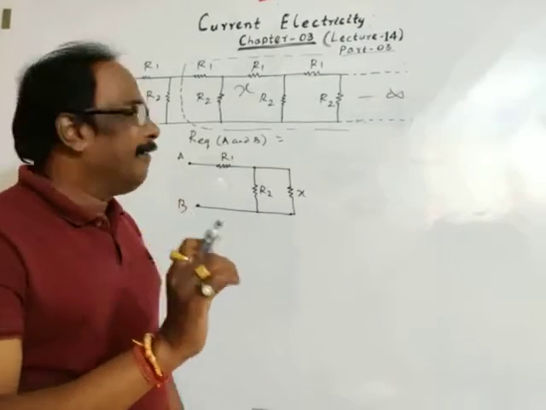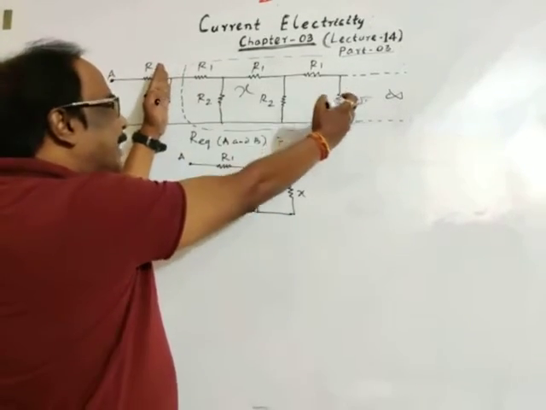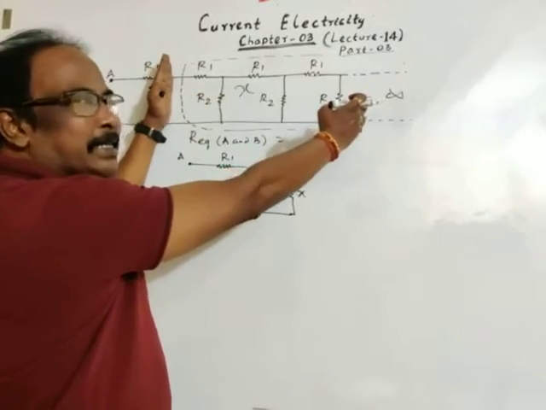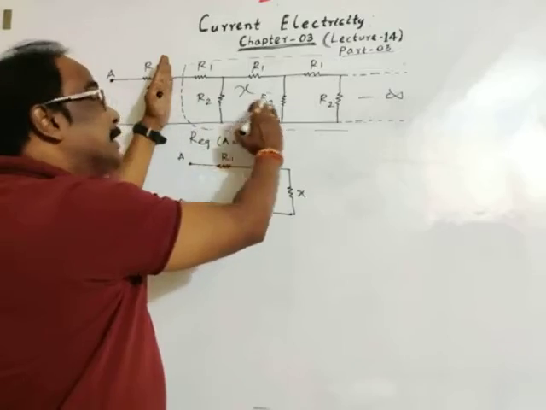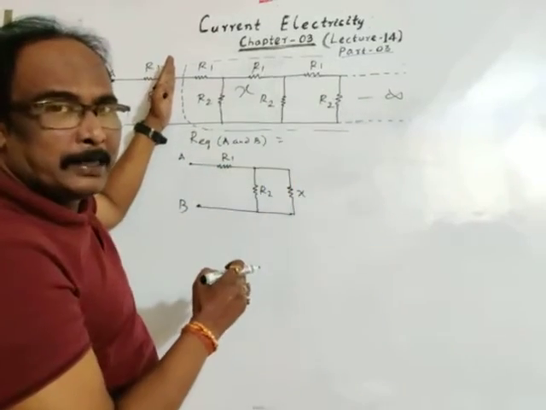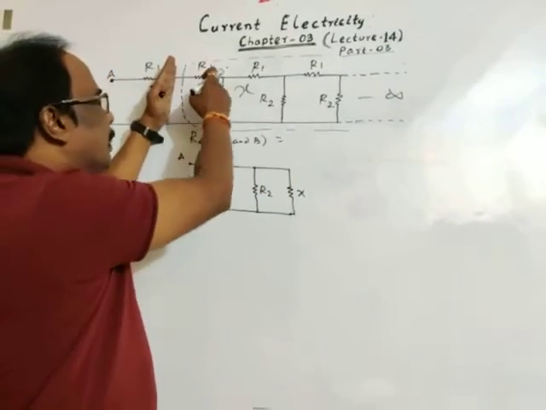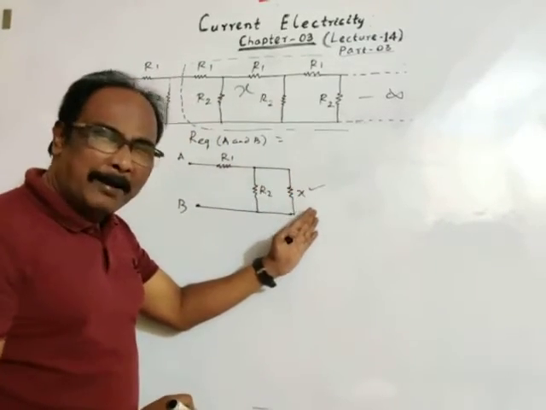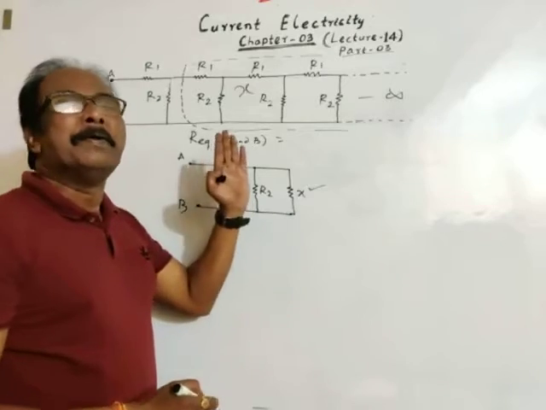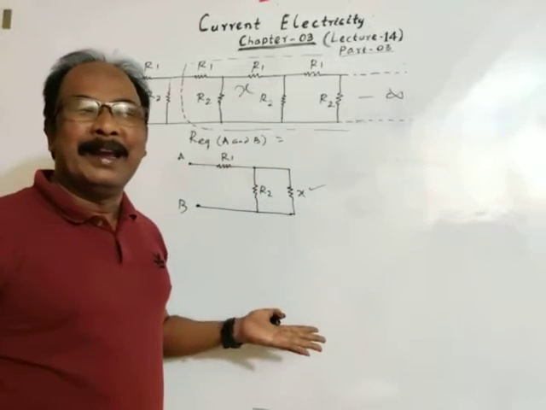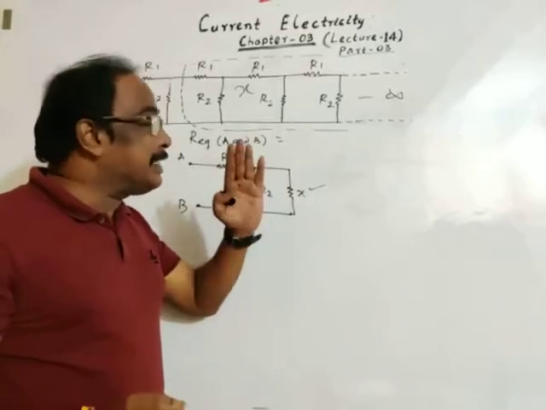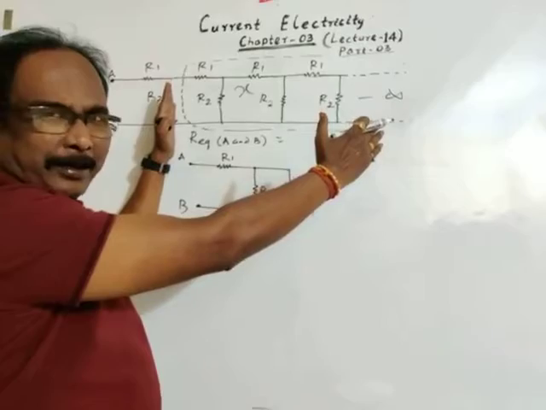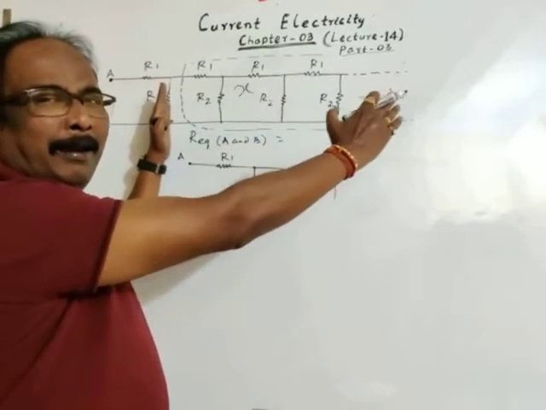Just think. These are infinite sets. From here onwards there are infinite sets. So the combination of infinite sets of resistors of resistance R1 and R2 is X. If we again add only one set with X, then the value will not change, because X is the equivalent resistance of infinite identical sets.